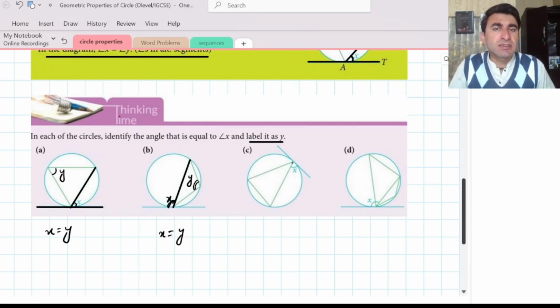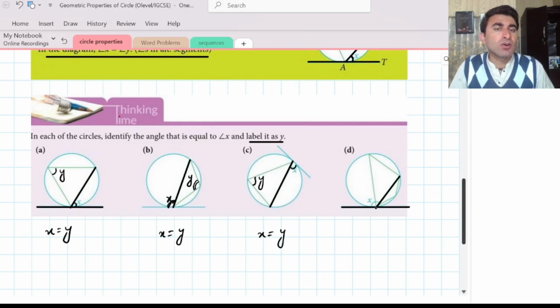In a similar manner, in the third one, we can see the angle is made between the tangent and this chord over here. So the angle in the alternate segment will be opposite to this chord, and again they are equal. And for the last part, D, the angle is made between this tangent and the chord over here.